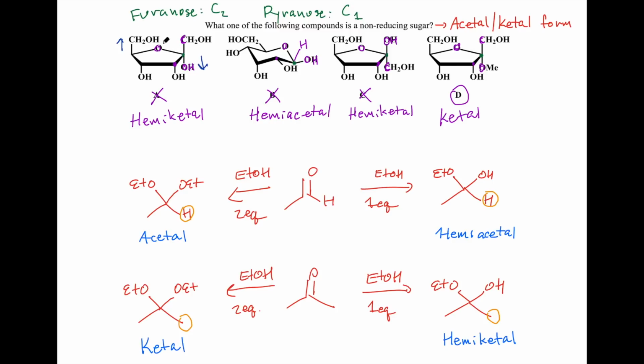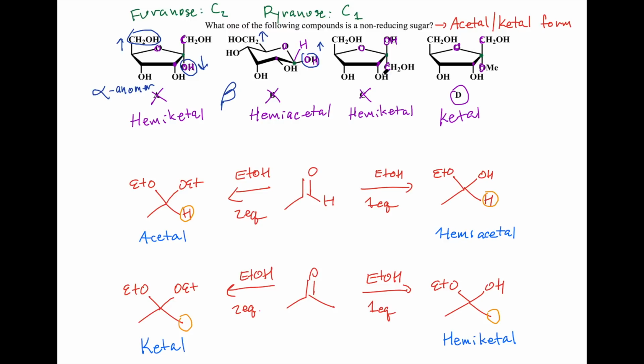When the carbon number 5 substituent, this CH2OH, is pointing up, and this OH is pointing down, when they're pointing in opposite directions, this is what's called the alpha anomer. In this case right here, we have the OH pointing up, and this CH2OH also pointing up. We look at the anomeric carbon, and because they're both pointing in the same direction, this is what's called the beta anomer.